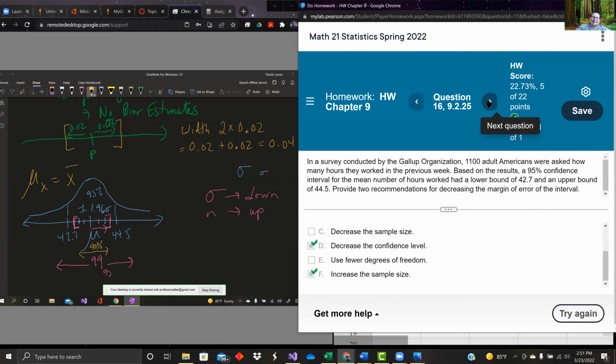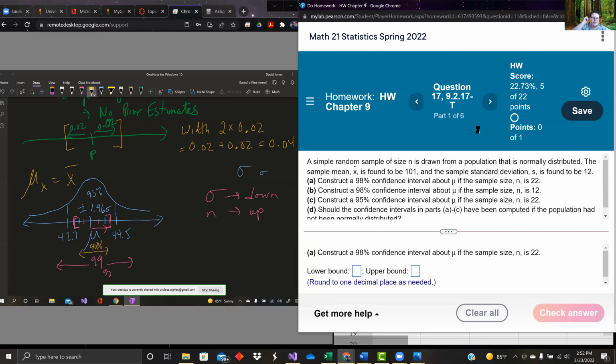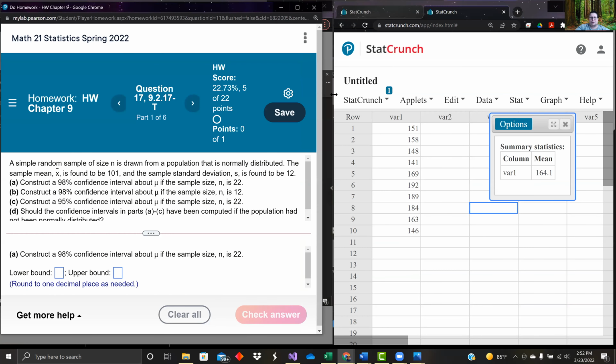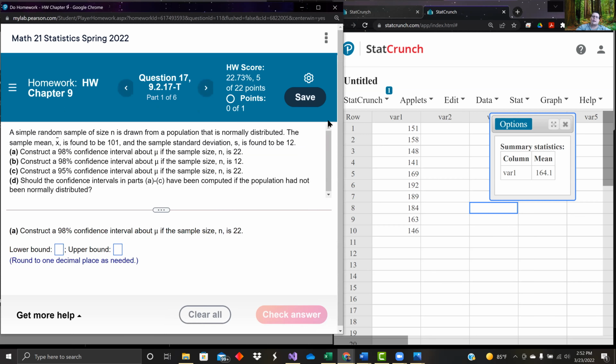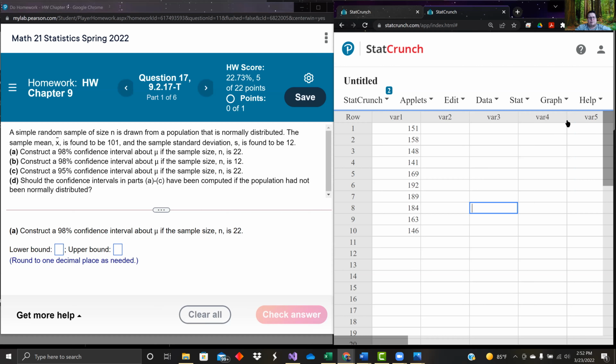All right, that was number 16, and I wanted to go over number 17 with you, and we will be done. Unless I need to show you the T alpha. We'll see. Ooh, there's more going on here. Look at all this. Jones came at you with a big problem. A simple random sample of size n is drawn from a population that is normally distributed.